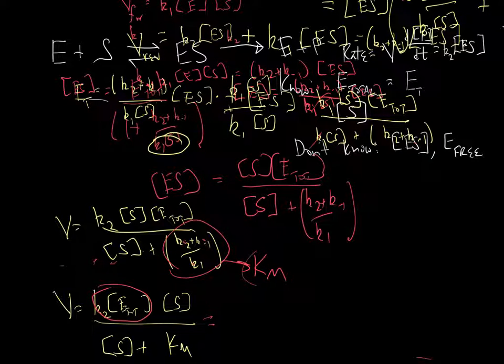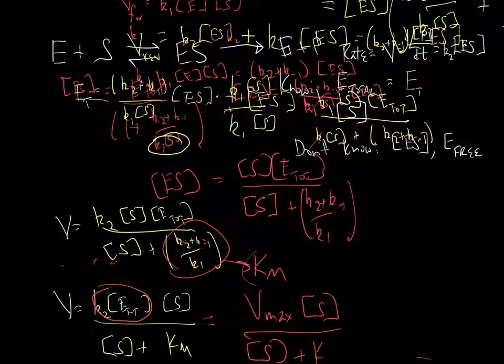So now we can say that V is equal to Vmax times S over S plus Km. The importance of this is that it's going to give you that hyperbolic function. This is only true, once again, if it follows Michaelis-Menten kinetics.